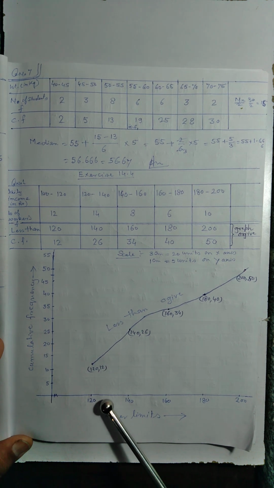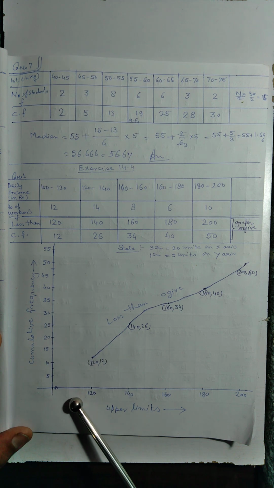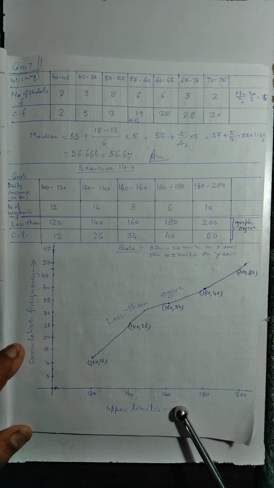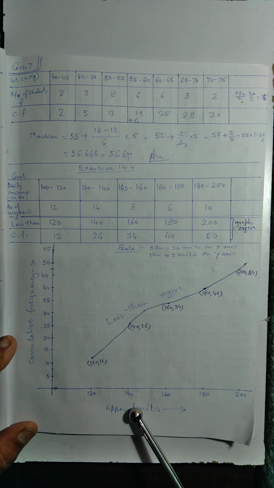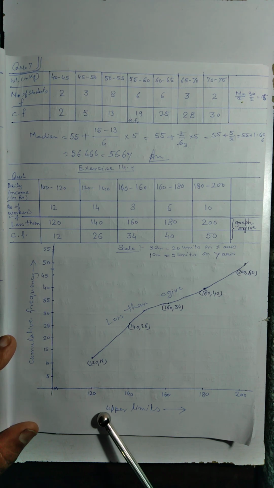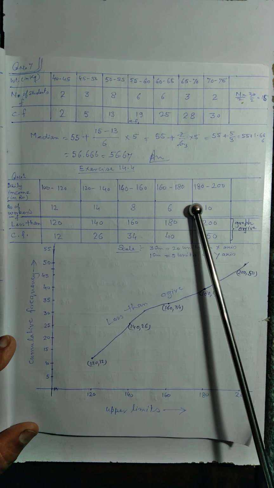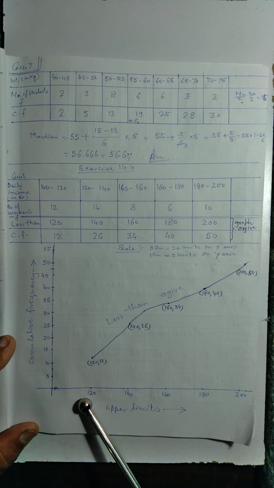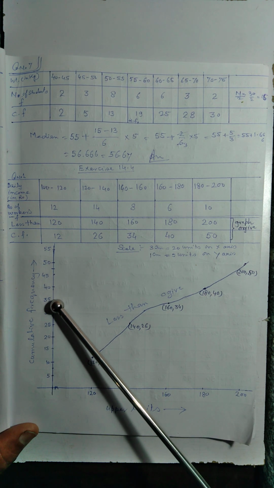To plot the graph, what we will do, I have taken along the x-axis the upper limits. What are the upper limits? 120, 140, 160, 180, 200. You see, these are the upper limits, and these are the cumulative frequency.